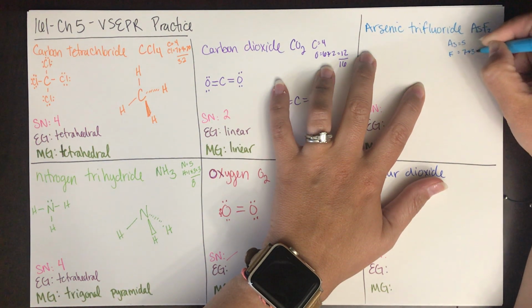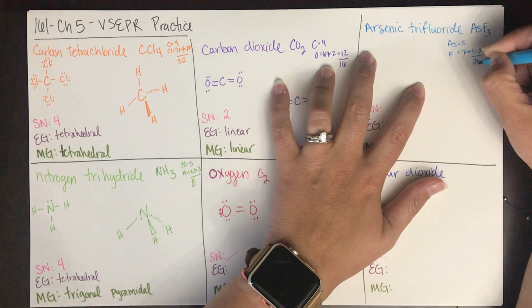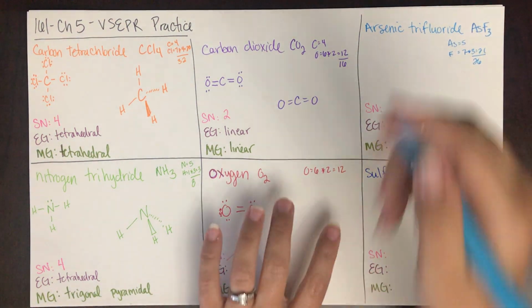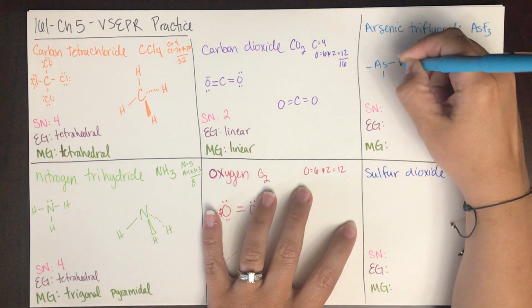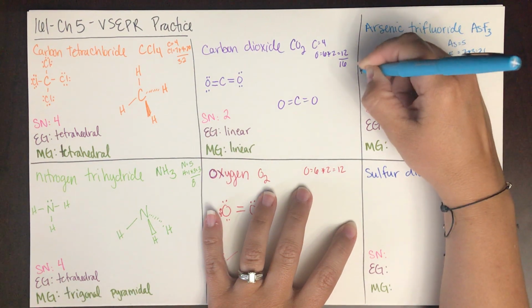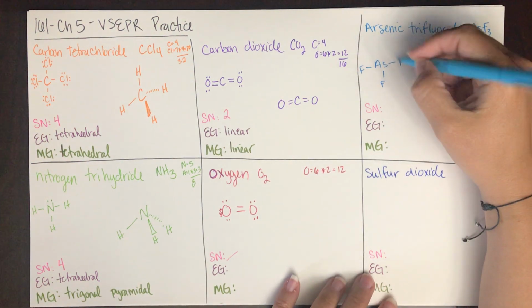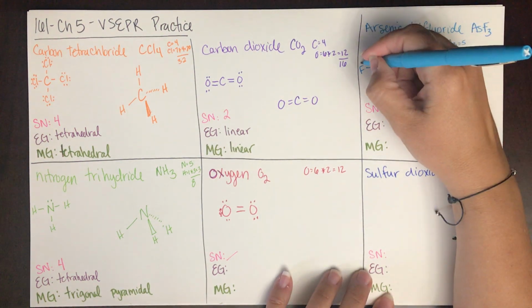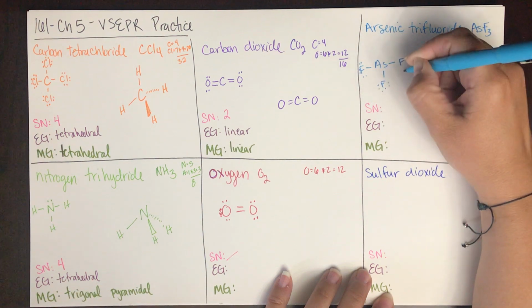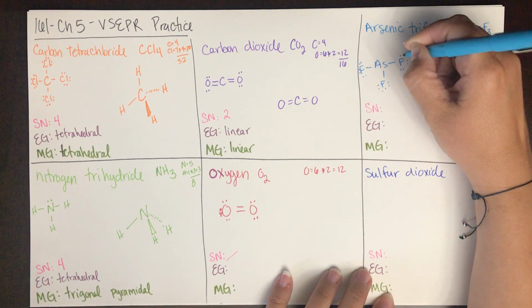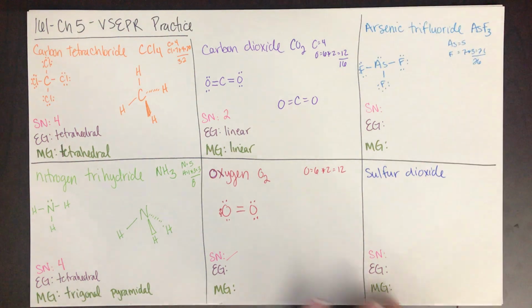And I have 3 of them, 21. So I have 26 electrons to distribute. So I'm going to start on the outside and distribute the rest. And I have just enough to complete all of the octets. So this is the correct Lewis structure for arsenic trifluoride.